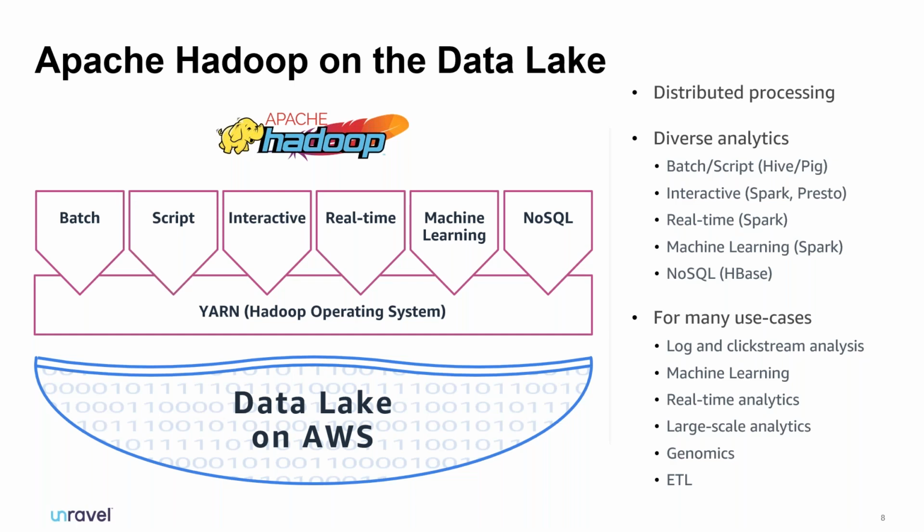Starting from batch, Hive and Pig, scripting in a way, SQLing the data, having the metadata created on the data which is residing, whether it is two-dimensional, relational data or not. You can create and have batch jobs run on it, interactive Spark or Presto, real-time analytics using Spark streaming and machine learning, as well as NoSQL use cases. You should be able to use it.